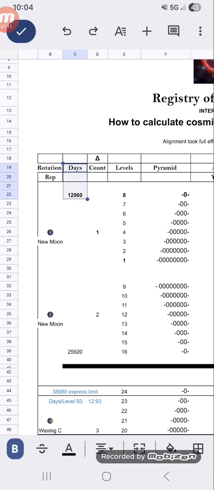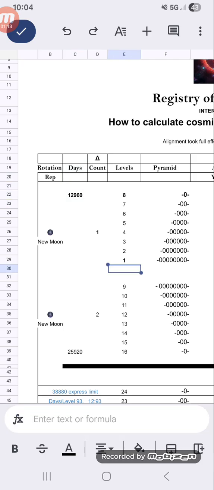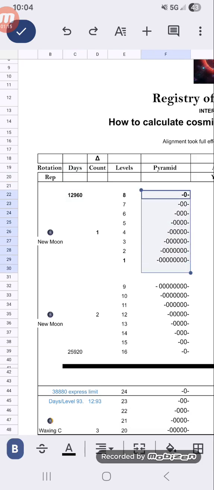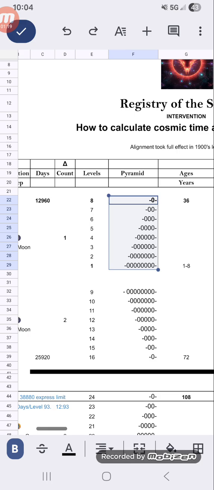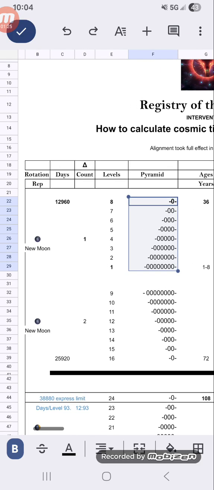So we have the days next to it, and for each pyramid, because we're going to be talking about the different levels of the pyramid and how many numbers are in the pyramid, which also represents the ages. Each pyramid is 12,960 days.